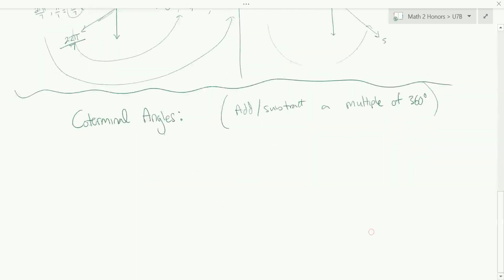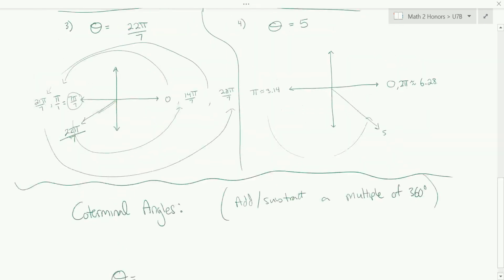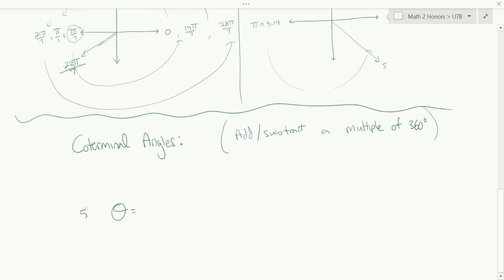And so if I have something like, theta is, let's call this number 5 here. We're going to find one positive and one negative coterminal angle with 3 pi over 7. Okay.